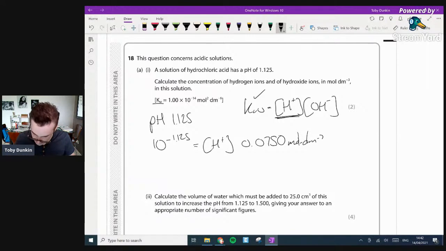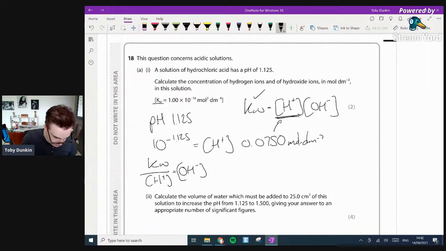Now that can drop into the equation and I can reorganize it. Kw over H+ will give me the OH- ion concentration. So 1 exponential minus 14 divided by answer, and I've kept it on my calculator. So the OH- concentration equals 1.33 times 10 to the minus 13.